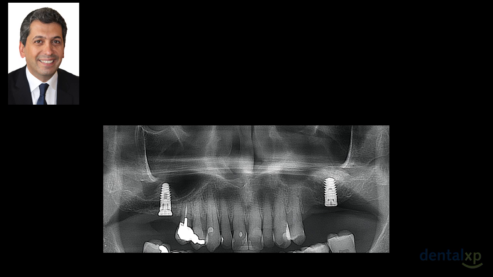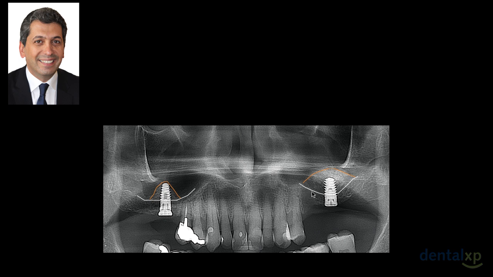I like this panoramic radiograph because it summarizes the difference between internal or external approach. You see on the right, this is an implant that was placed in a sinus after performing an external sinus lift. And you see, when we do an external sinus lift to place one implant, it usually gives us an enormous volume of grafting that we have to place into the sinus.